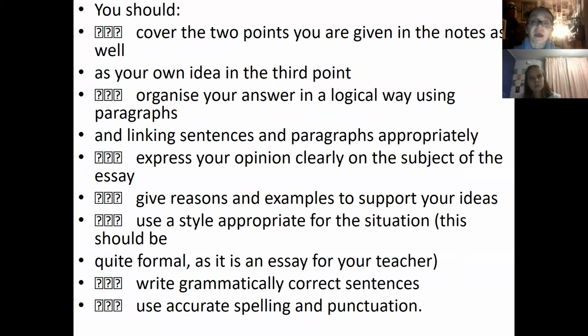By the way, what paragraphing would you suggest? Like the introduction, the main part, usually two paragraphs or more sometimes, and conclusion.